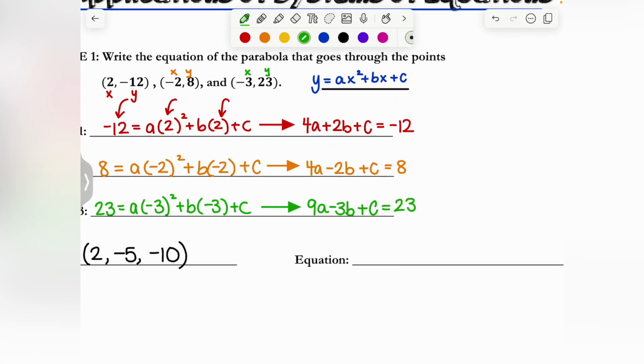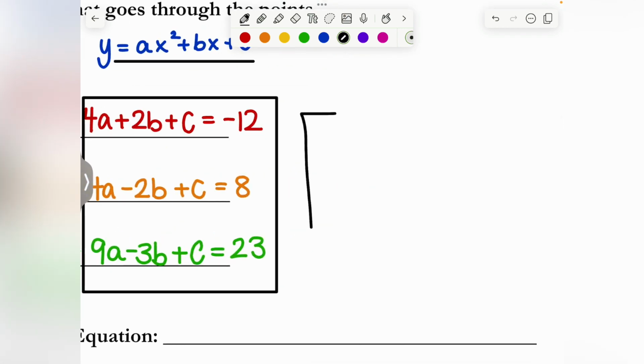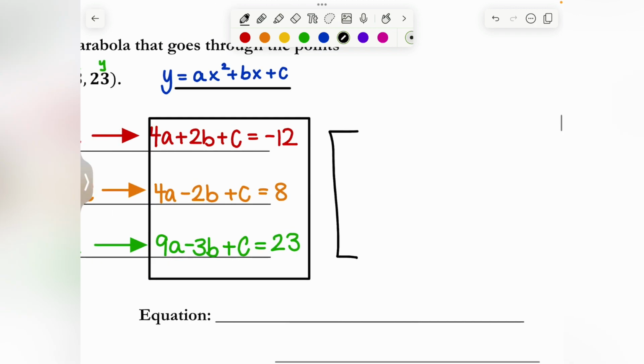All right, so these are my 3 equations, and I'm going to use them to solve for the letters A, B, and C. I'm going to make an augmented matrix when I plug into PolySimul 2. I'm going to go on my calculator, hit apps, and get into PolySimul 2, the simultaneous equation solver.